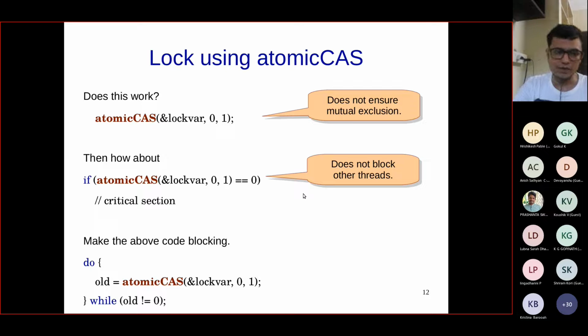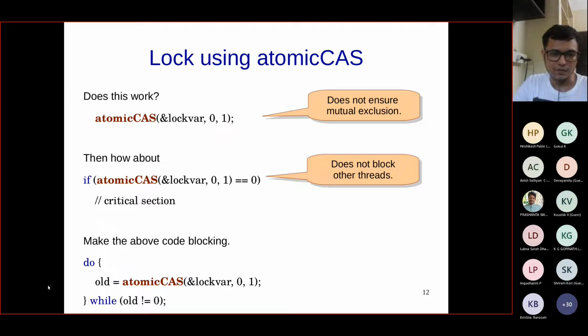So what about this? Again, making the above block. Let us say that we modified this block like this. We now have this do while loop, and we again use atomicCAS, and again the second and third arguments are 0 and 1.